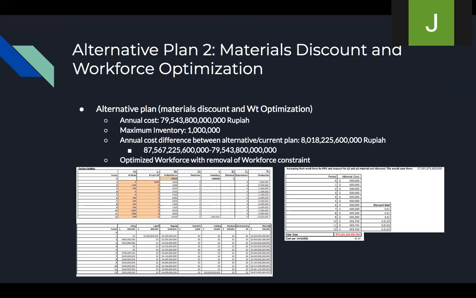Establishing this and recalculating the production schedule would show that the company would be required to lay off 65% of its workforce at the beginning of the year. However, the company does hire all of them back gradually throughout the year. So yes, they do take the initial hit of layoff costs, which equates to about 5.2 billion rupees, and the gradual hiring and regular employee costs through the year, which is close to 53.8 billion rupees.